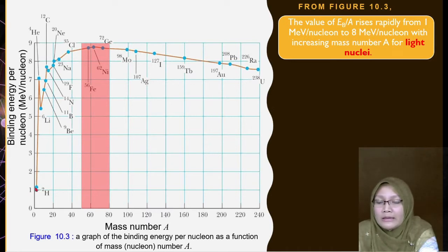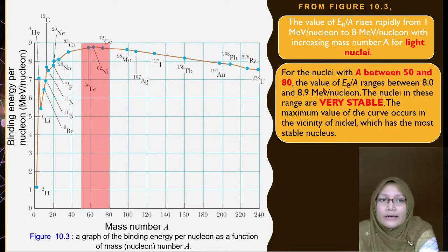Maksudnya rapidly, tersangatlah steep kat sini dari 1 hingga ke 8. Kat sini adalah light nuclei, nukleus yang sangat ringan.